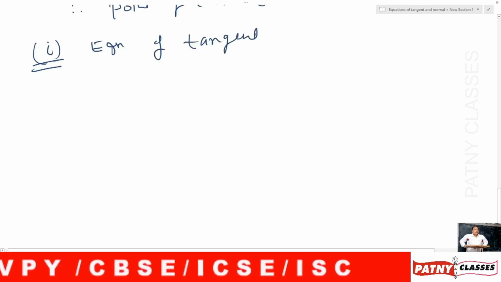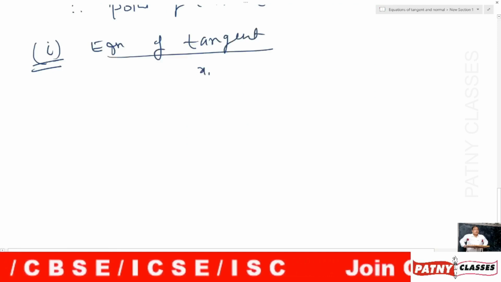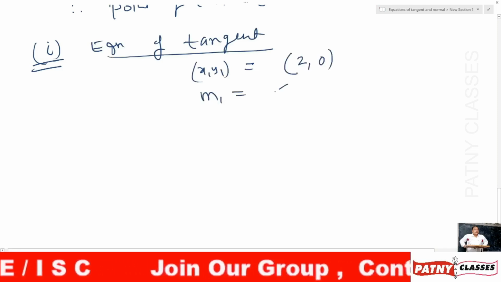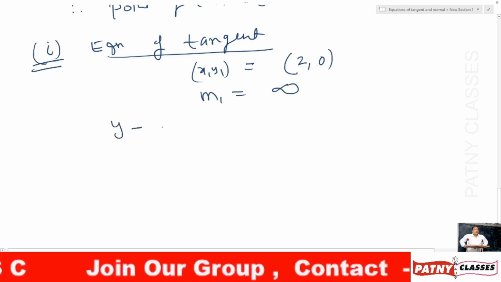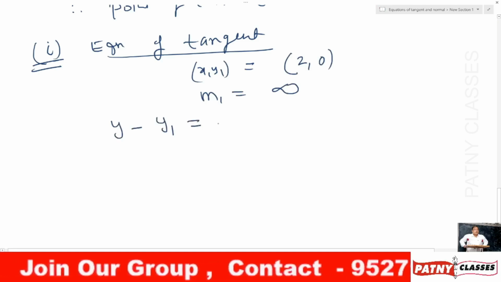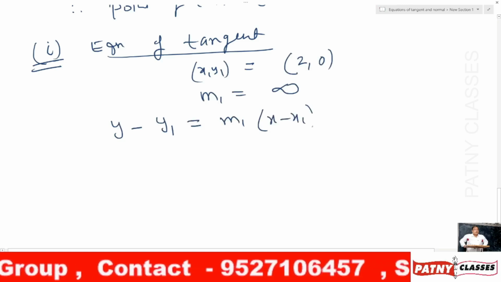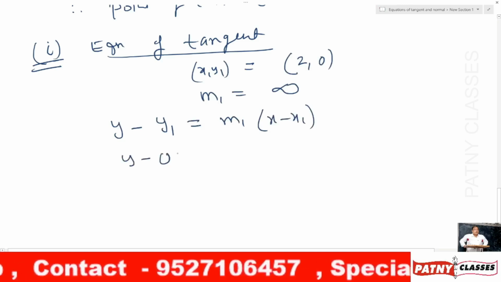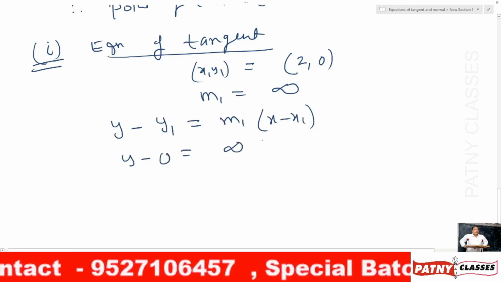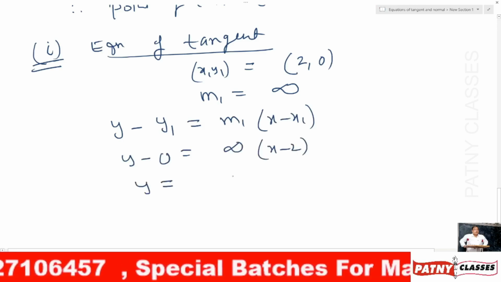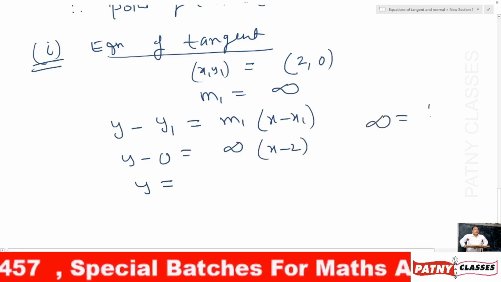So how to find the equation of tangent? Again, you should recollect that (x1, y1) equals (2, 0) and m1 equals infinity. Using the usual formula, y minus y1 equals m1 times (x minus x1). So y minus 0, m1 is infinity, times (x minus 2), and infinity can be written as 1 upon 0.